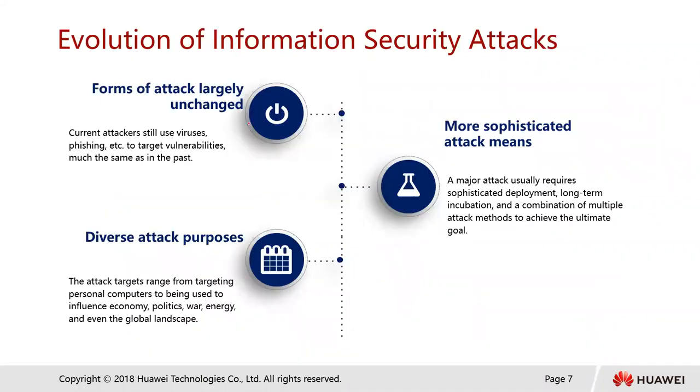Moving forward, the evolution of security attacks: we see that the forms of attack are largely unchanged, right? Current attackers still use viruses. We all agree. They still use phishing. Who knows what phishing is? Anyone?